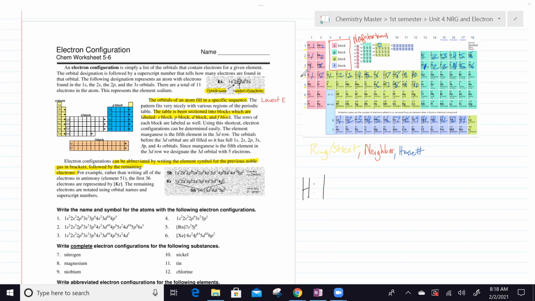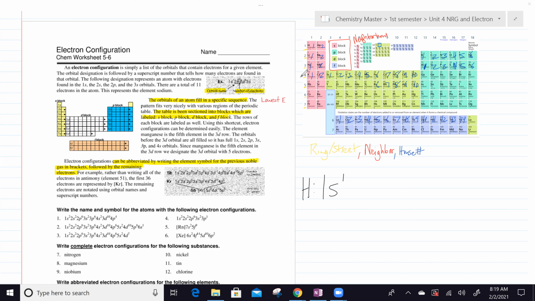It's on the first street, on the first row. And then what neighborhood, S, P, D, or F, does hydrogen live in? S. Very nice. And then what house number? 1 or 2? Because we only got 2 houses. 1. Very nice. That is hydrogen's address. 1S1.